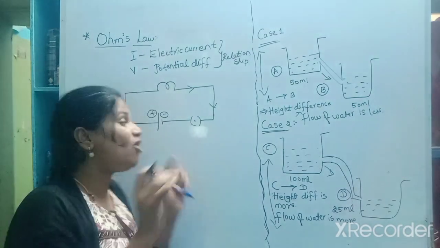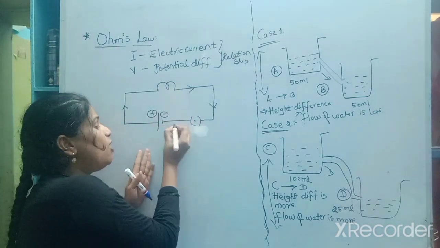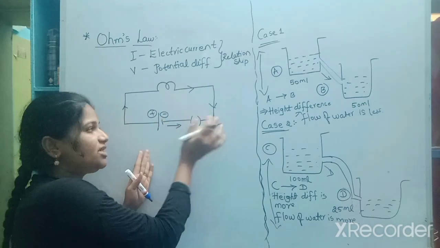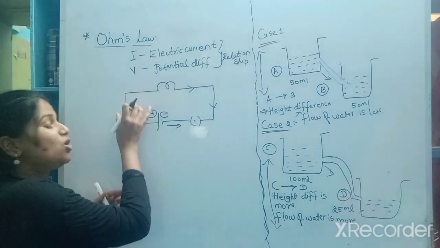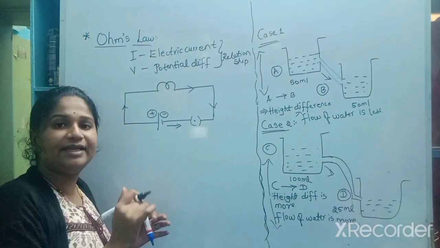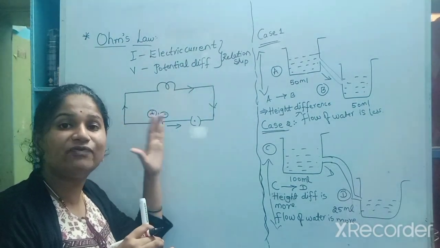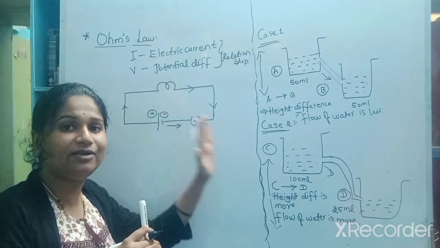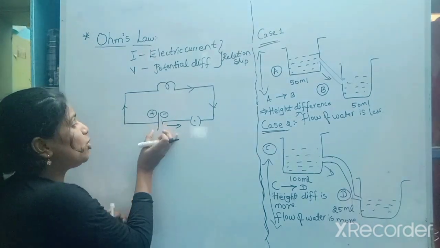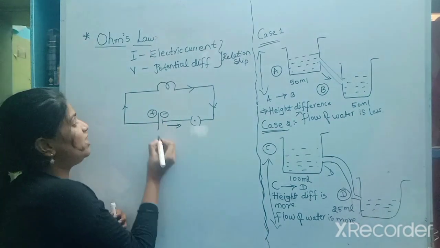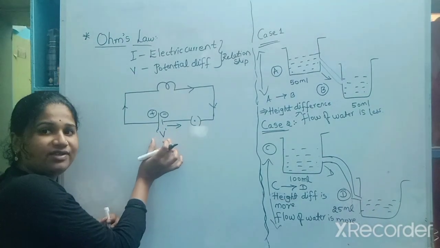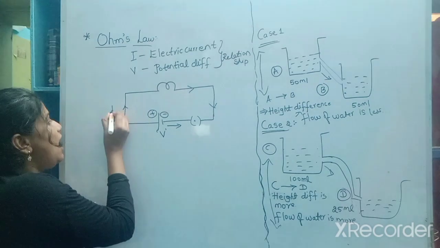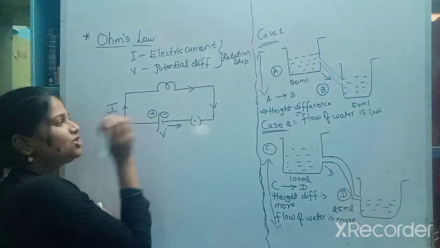Even though the flow of electrons is from negative terminal to positive terminal, the flow of current is from positive to negative, which we take conventionally. The potential difference at the cell is denoted by V, current I, and this is a switch.